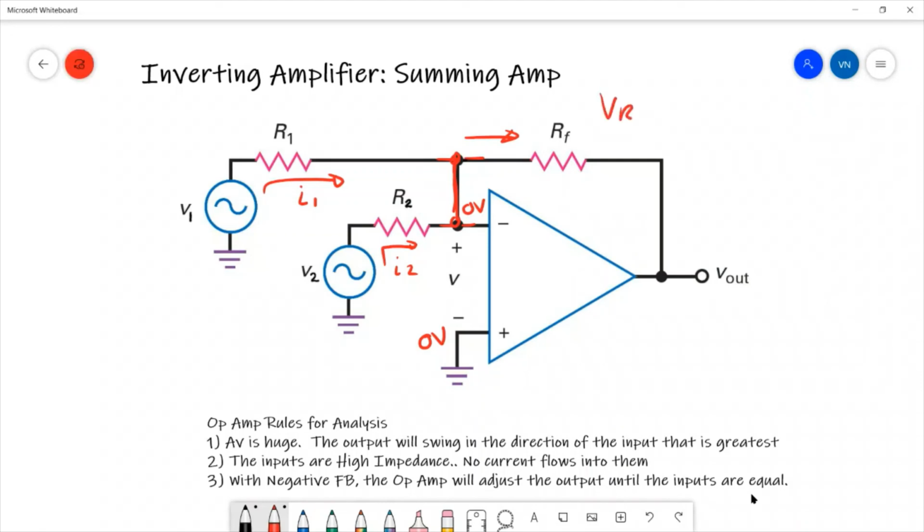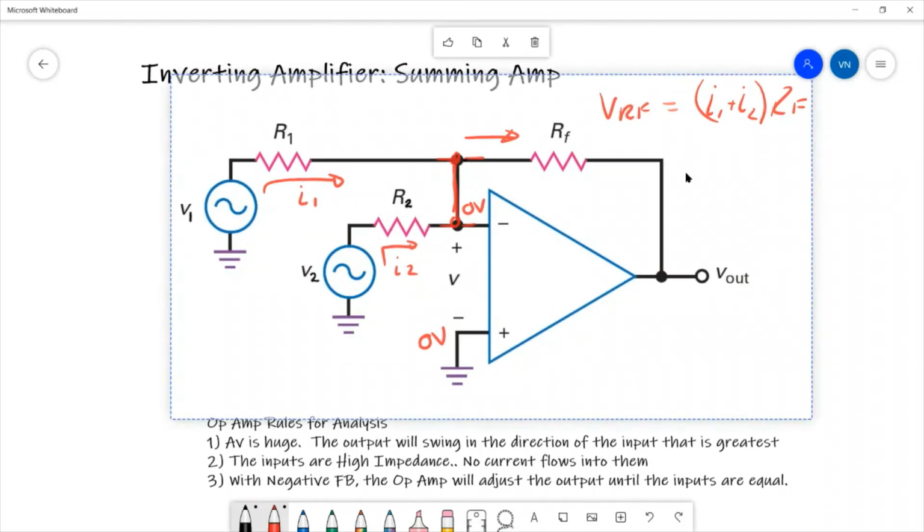So VRF is going to be equal to I1 plus I2 times RF. This is going to make the output on this circuit here.